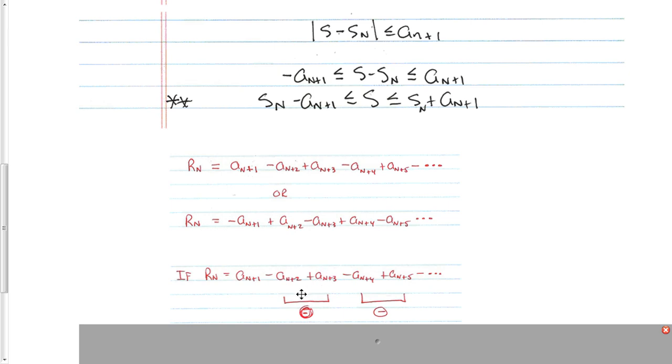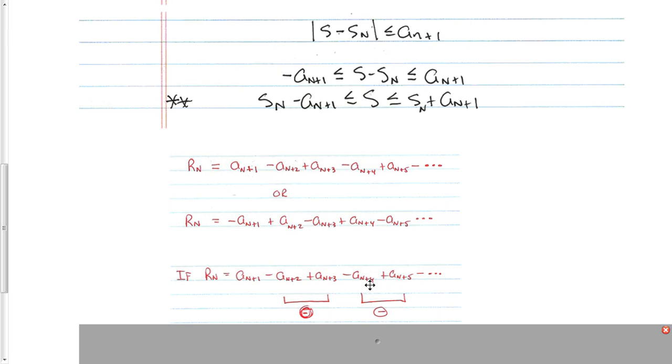A sub n plus 3 is smaller than A sub n plus 2, and A sub n plus 2 is being subtracted. So we're subtracting a larger number from A sub n plus 3, so we'll get a negative.